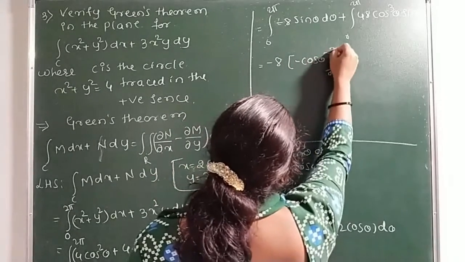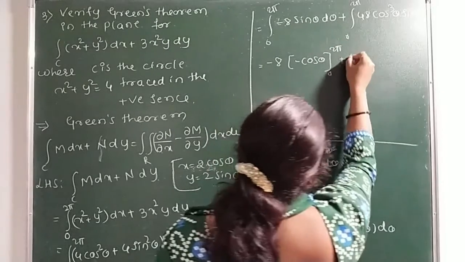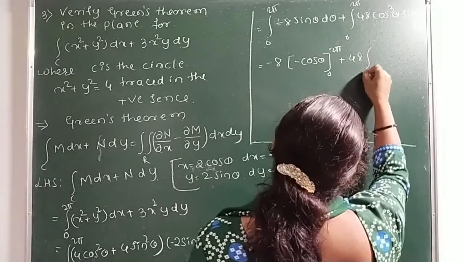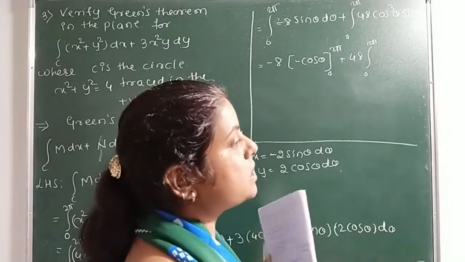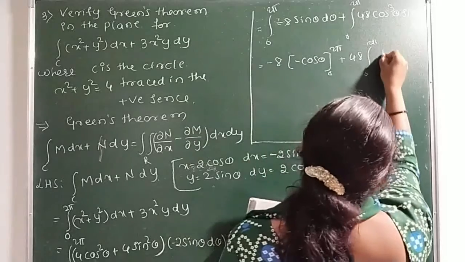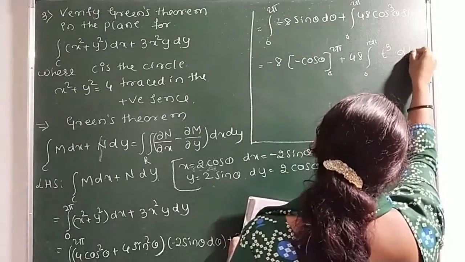from 0 to 2π, plus 48. Here also you take cos θ as t and dt as minus sin θ dθ. This becomes t³ dt.